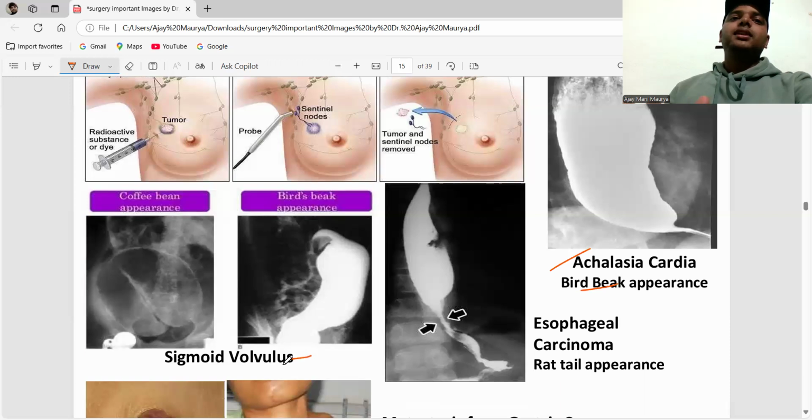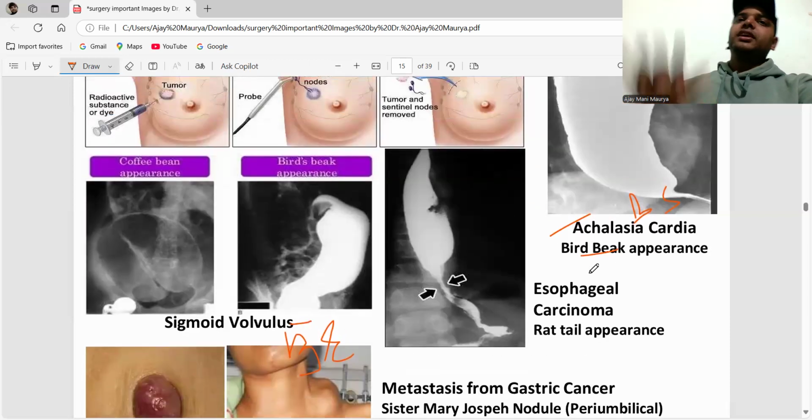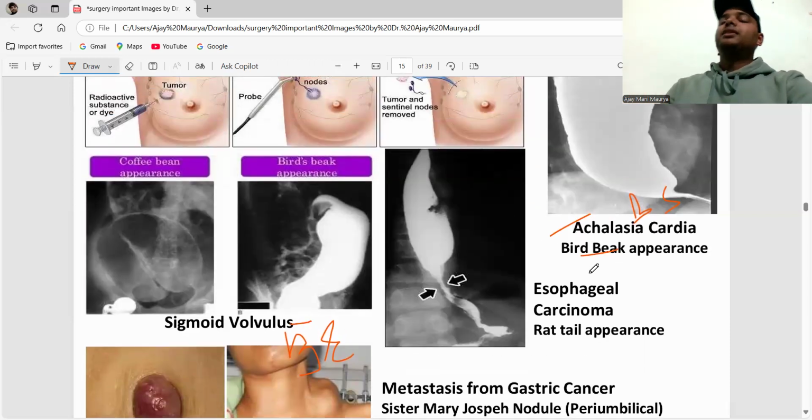Remember, this is seen in the barium enema. In both cases we will see the bird beak sign, but the difference is the contrast media. Achalasia cardia is in the barium swallow, sigmoid volvulus is in the barium enema.